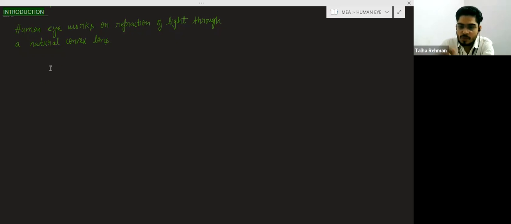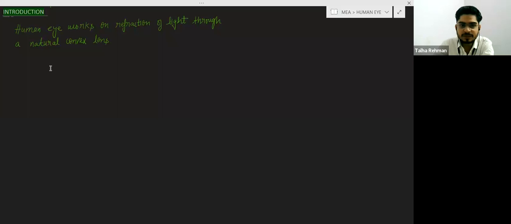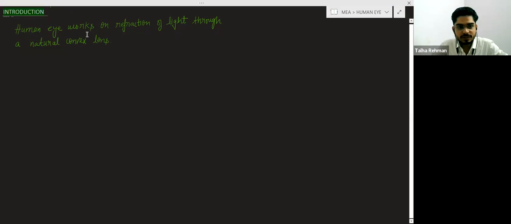So basically, lens is there, so there will be some refraction of light. So basically, you can say the human eye works on the refraction of light through a convex lens, natural convex lens. Why natural? Because nature has given that lens. Nature has given eye. So just first write down this, then I will move to the main topic.